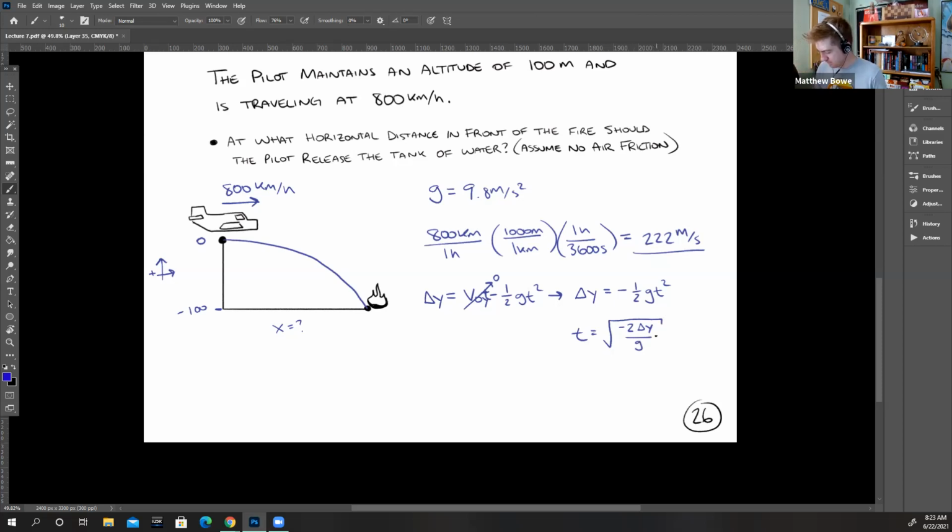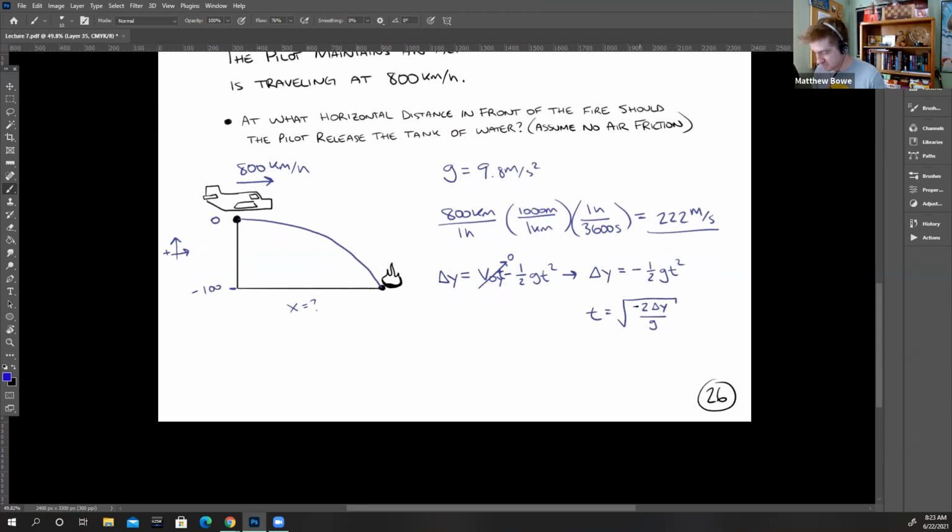And you might look concerned about this negative sign inside of the square root, but remember, we're starting at 0 and we're falling 100 meters. Or, let's see.